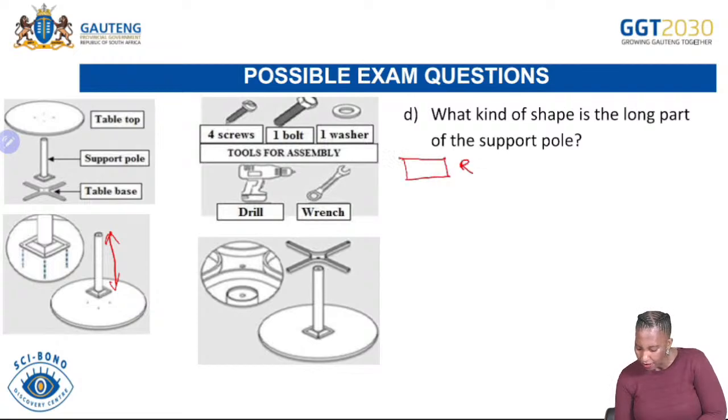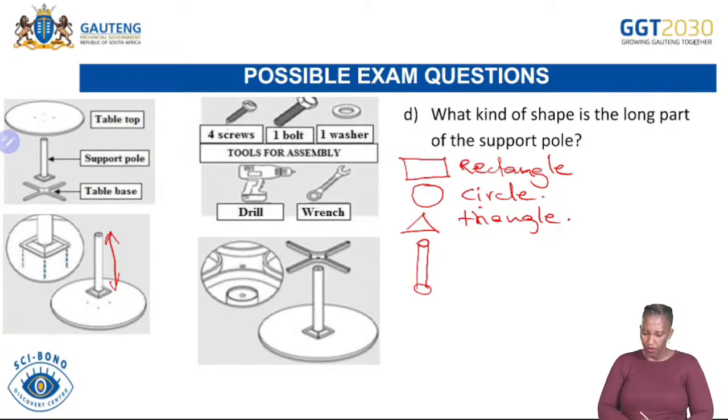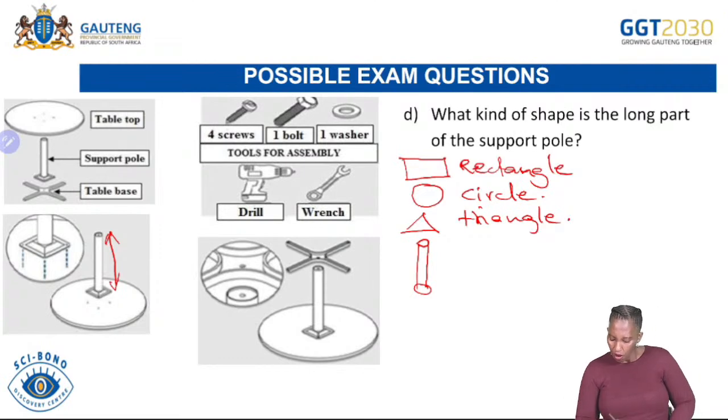This is a rectangle. This is our rectangle shape, and then this is our circle, and then we have our triangle. Now looking at this one, this is the long shape of the pole.